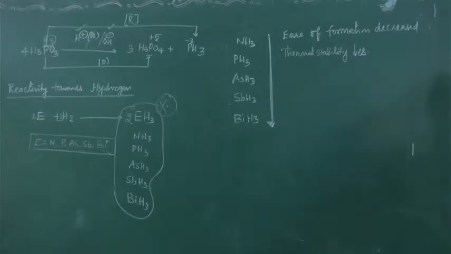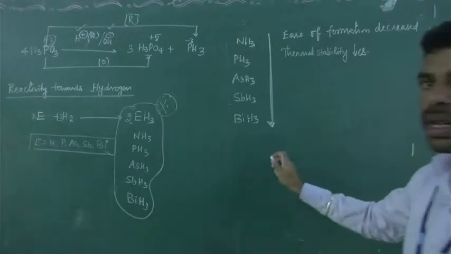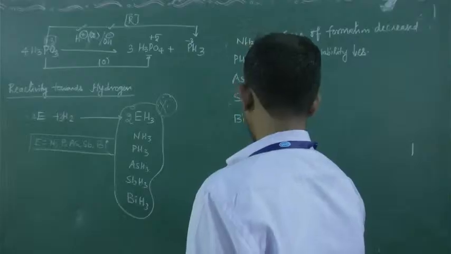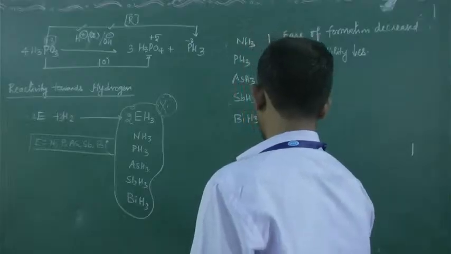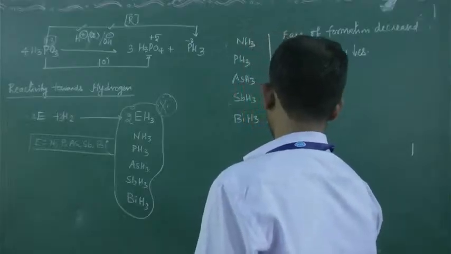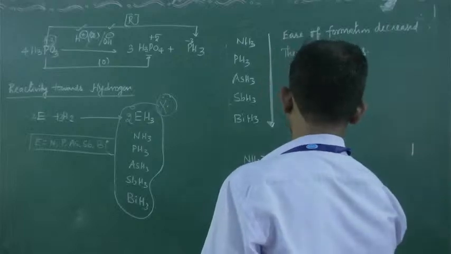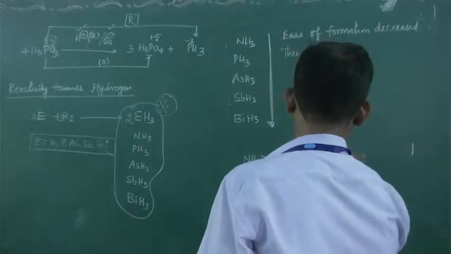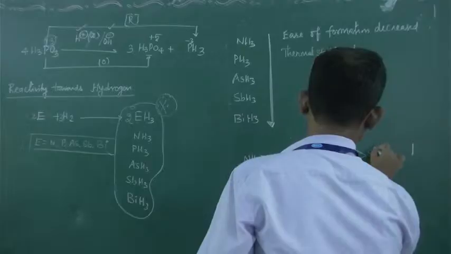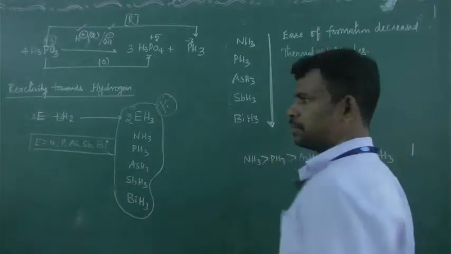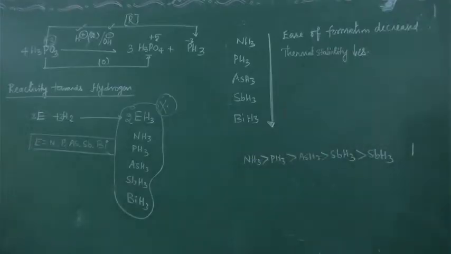Ammonia has the most thermal stability, followed by phosphine, then arsenic hydride, and so on. This is how you have to arrange. Is it clear? Thermal stability decreases down the group.